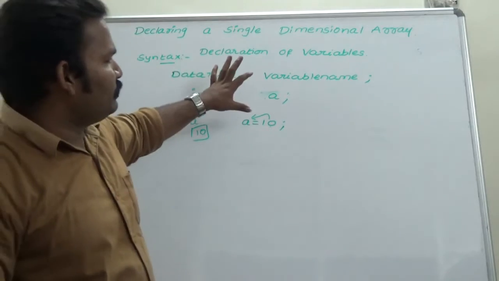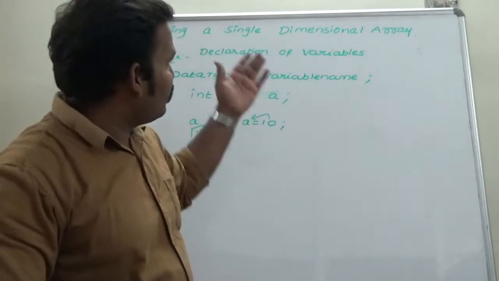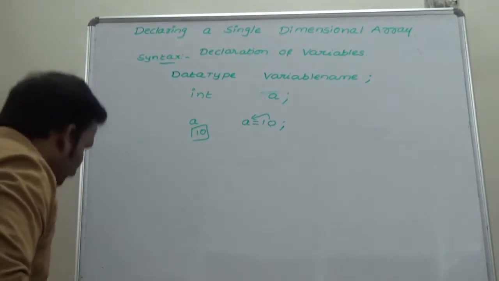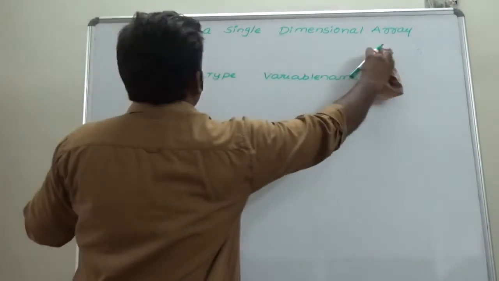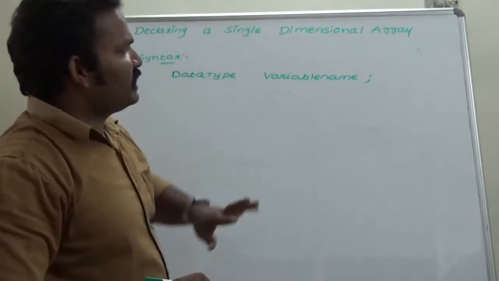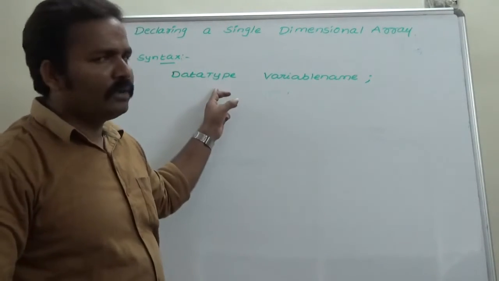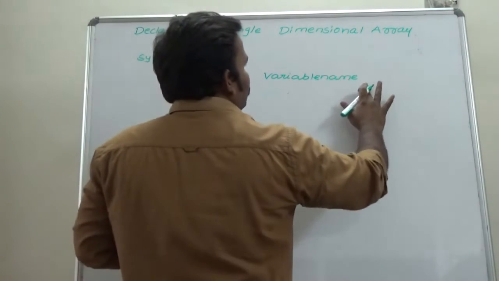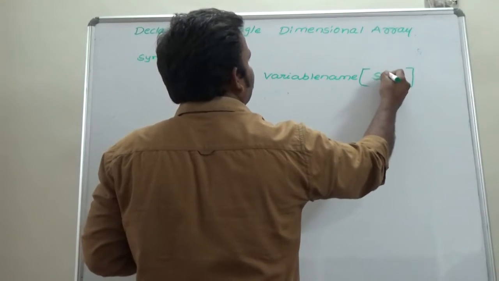In the same way, we can declare a single dimensional array. To declare a single dimensional array, first we write the data type, then specify the variable name, and next we specify the size.